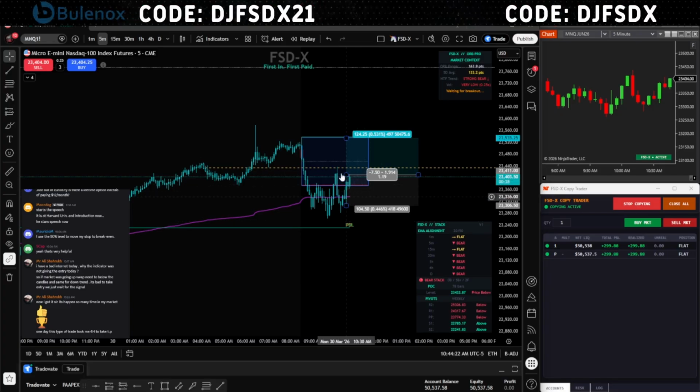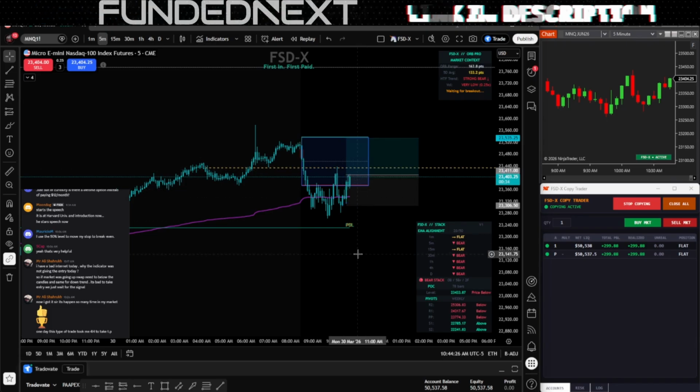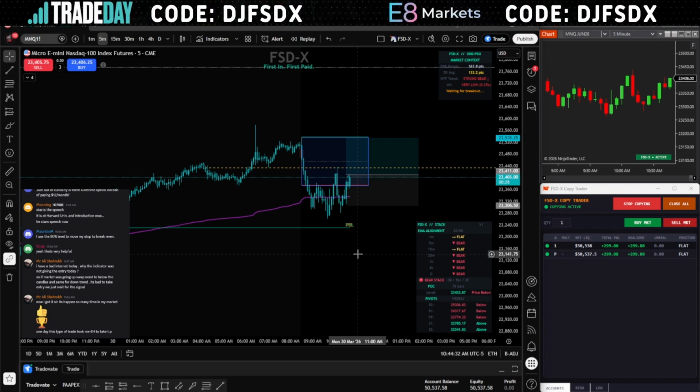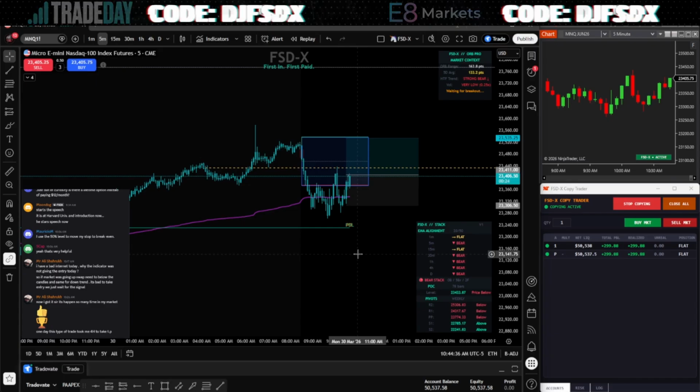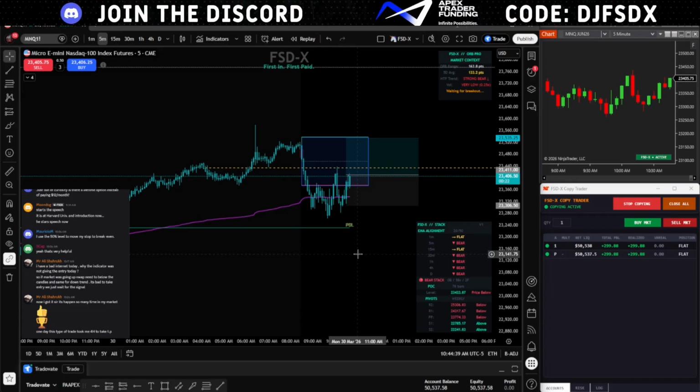We'd have to go through a couple of things to invalidate it. With the speech, it could definitely happen. But under normal circumstances, that's what I would be thinking if I were to take this trade.